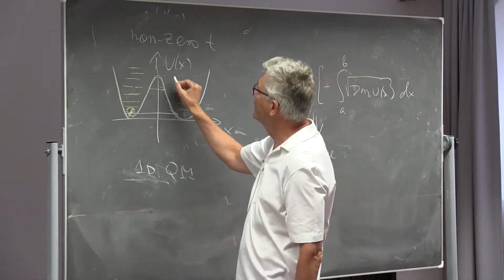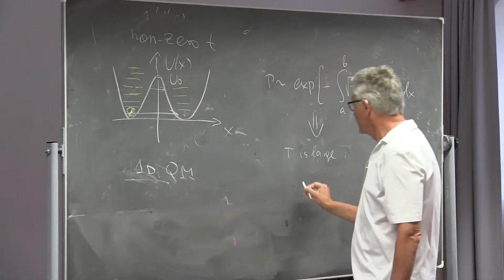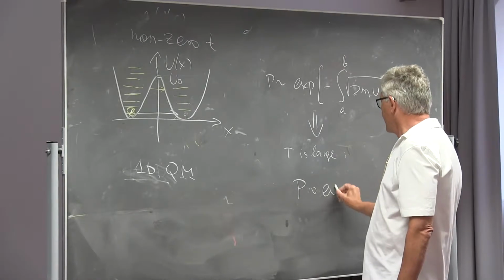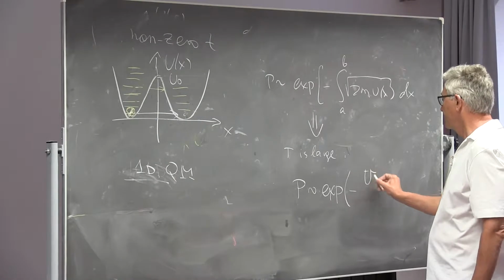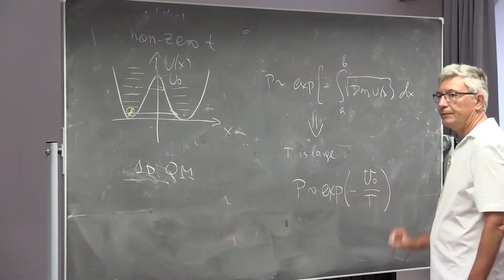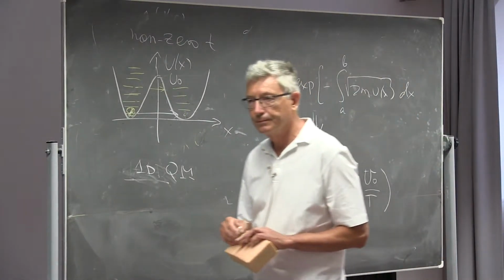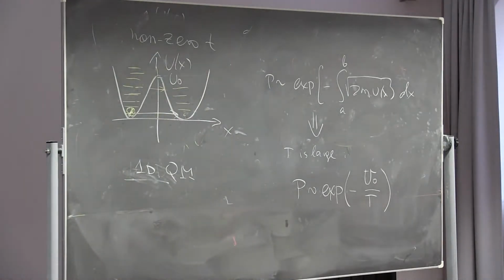So if this is U0, then the probability will be given by exponential of minus U0 divided by temperature. And we should expect to have exactly the same thing.